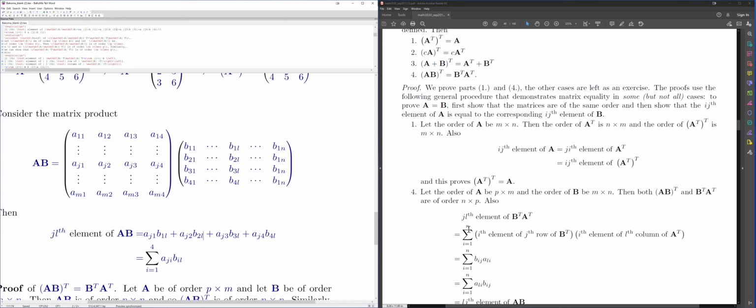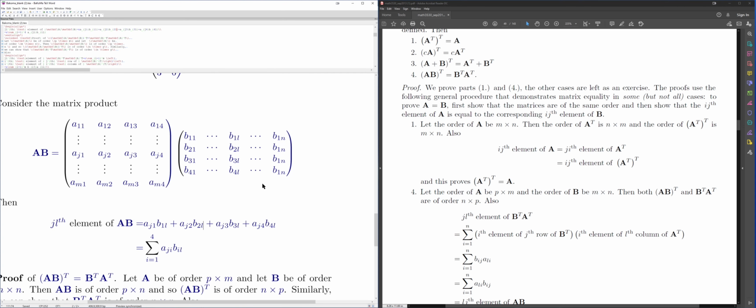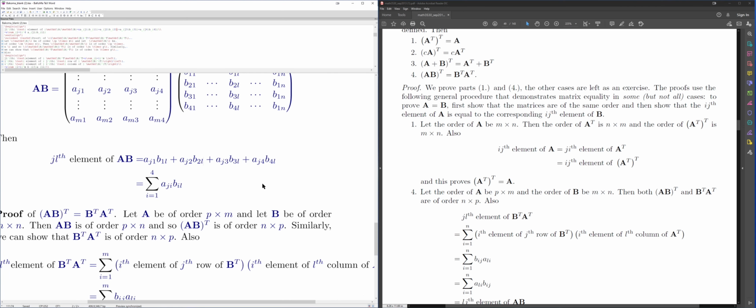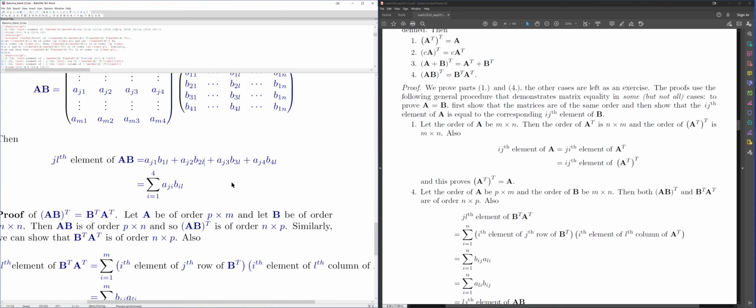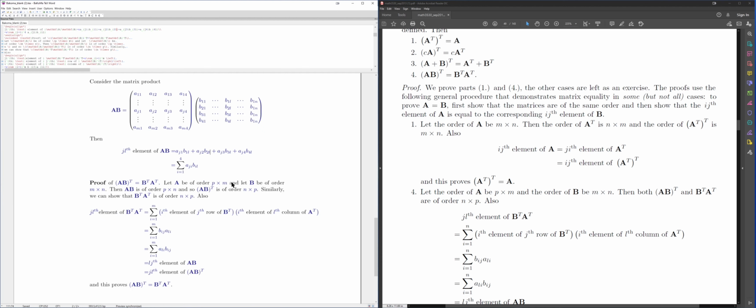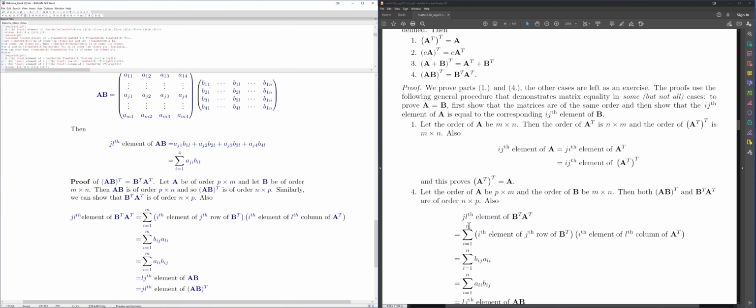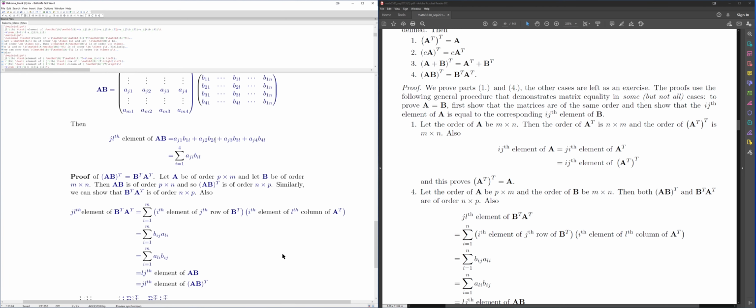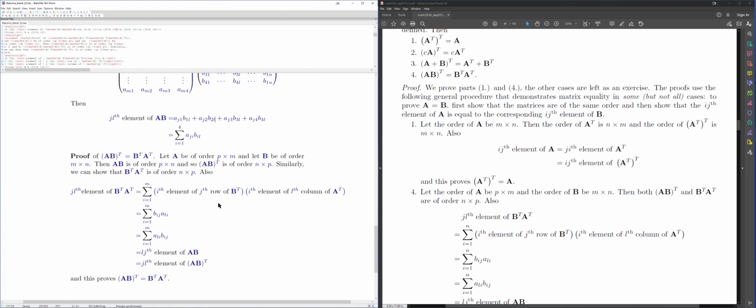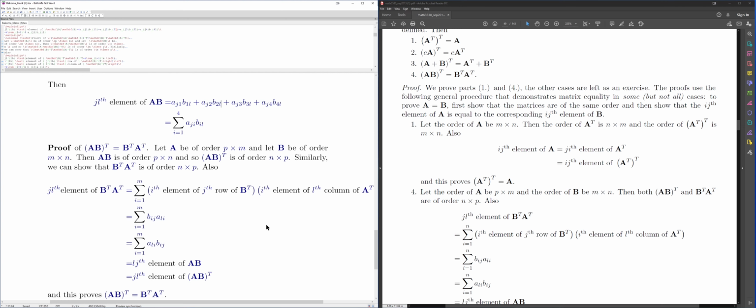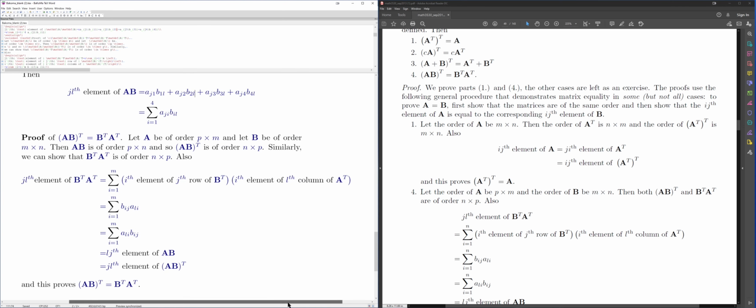So I call this jl, the jlth element. And the notes have a typo in it, because this should be M over here. This should not be N. Anyway, so this is your correct proof on this side.